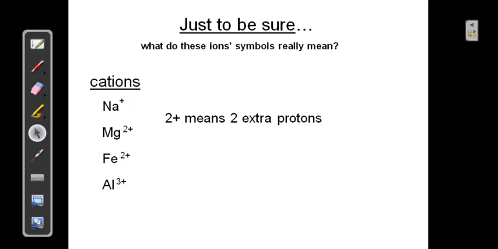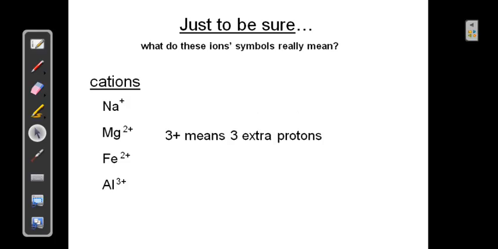So I believe you will understand when you see aluminium 3 plus. It means aluminium has 3 extra protons by virtue of giving off 3 of its electrons to some other element. So that is the whole thing. You may look at 3 plus in the form of losing electrons, or as having 3 extra protons.